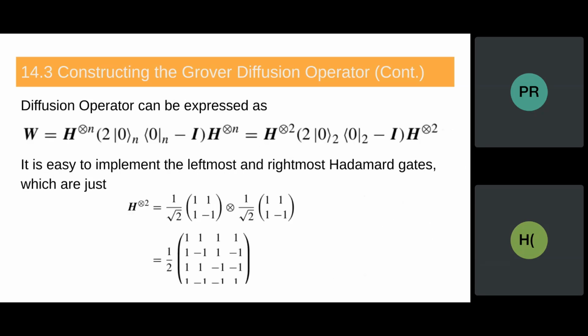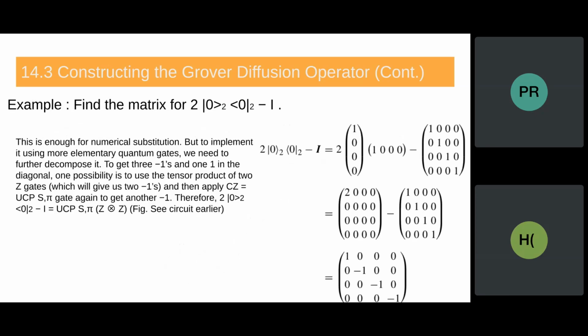This is the circuit which we got, and from that we can derive the W operation here. They say 0 2 0 2 minus 1 is nothing but 1 0 0. So basically 0 2 is our, remember that 0 0 is our first one, and the second one is 1 0 0.